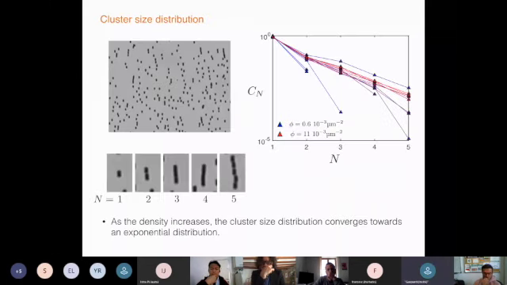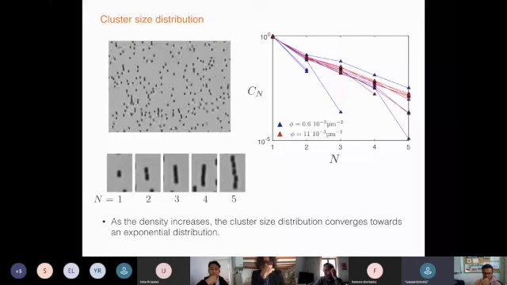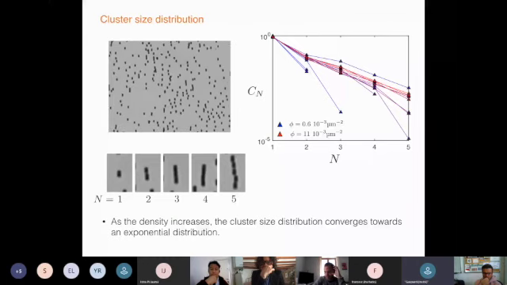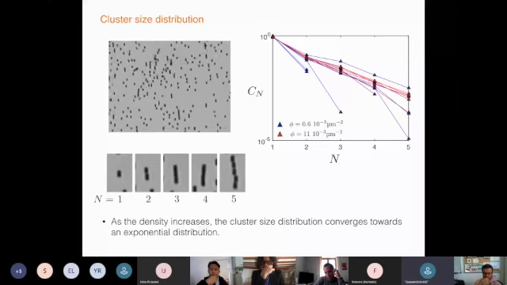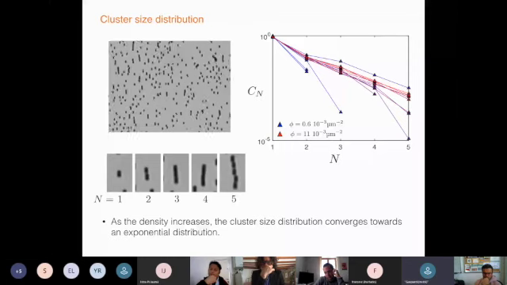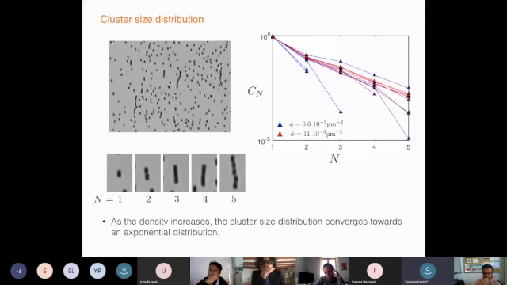Now, I don't know if you noticed it, but we talked about the hydrodynamic bound state between two particles, but you can actually have a hydrodynamic bound state between more than two particles, between 3, 4, 5.